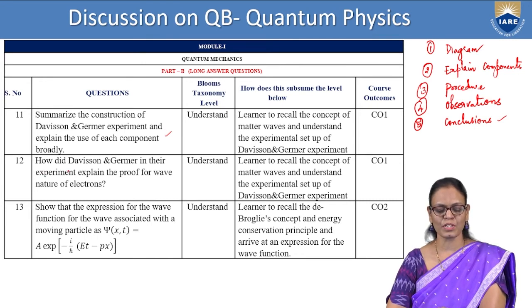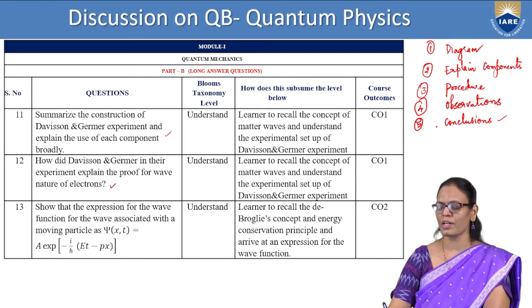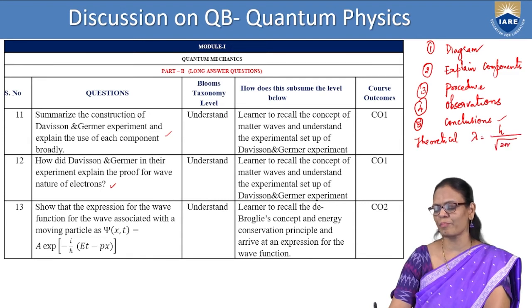Then the 12th question: how did Davisson and Germer in their experiment give the proof for the wave nature of electrons? When it comes to the proof, here we have to explain the theoretical values. Theoretically, we have lambda is equal to h upon root 2meV.